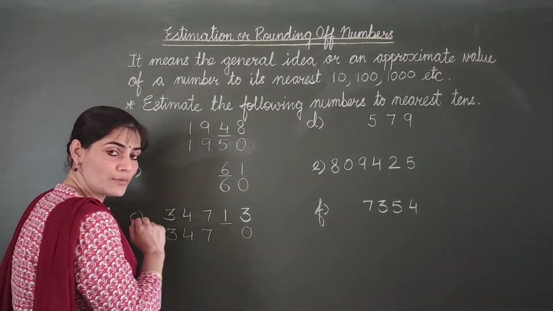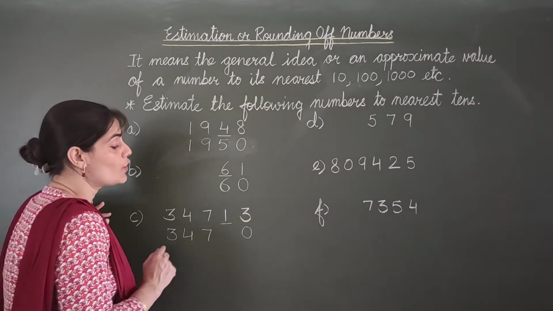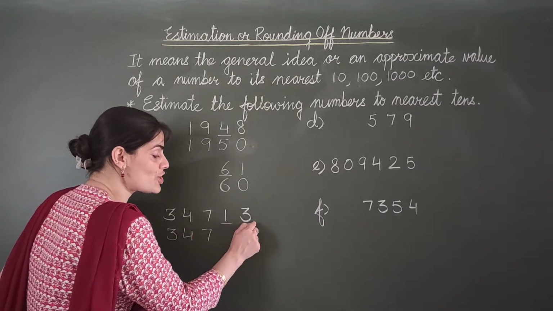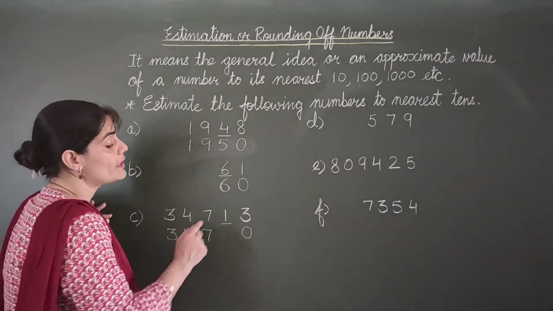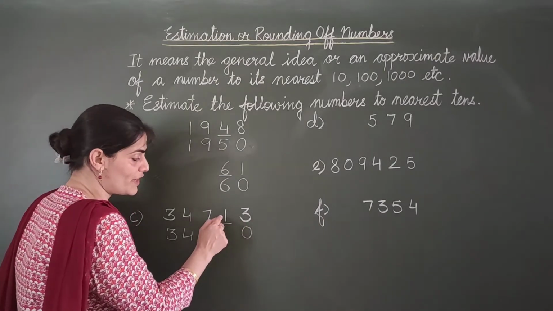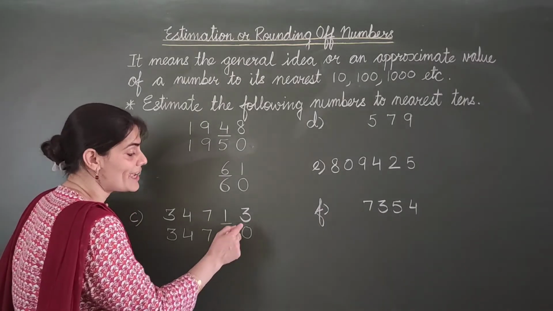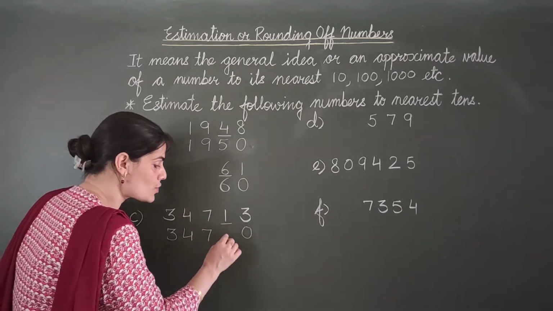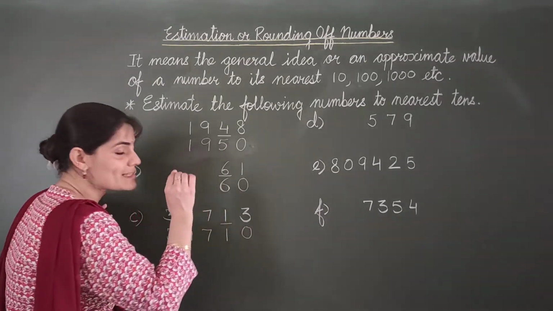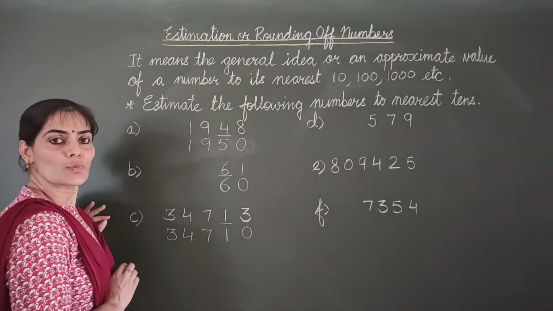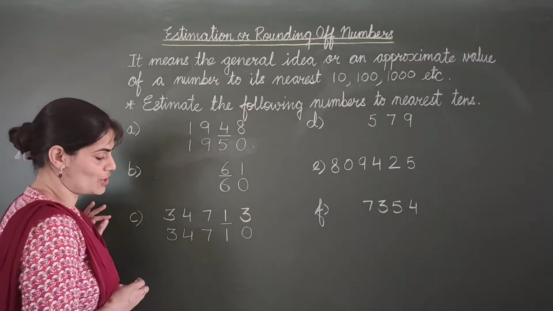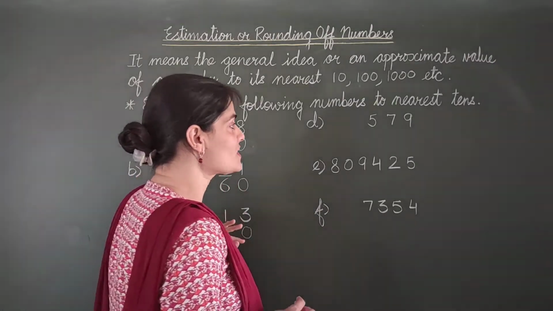Now what is to be done with this digit at tens place? For this we will have to check the digit at ones place. If it's less than 5, we are going to write as it is. As it is less than 5, this 1 is written as 1 only. It remains unchanged.